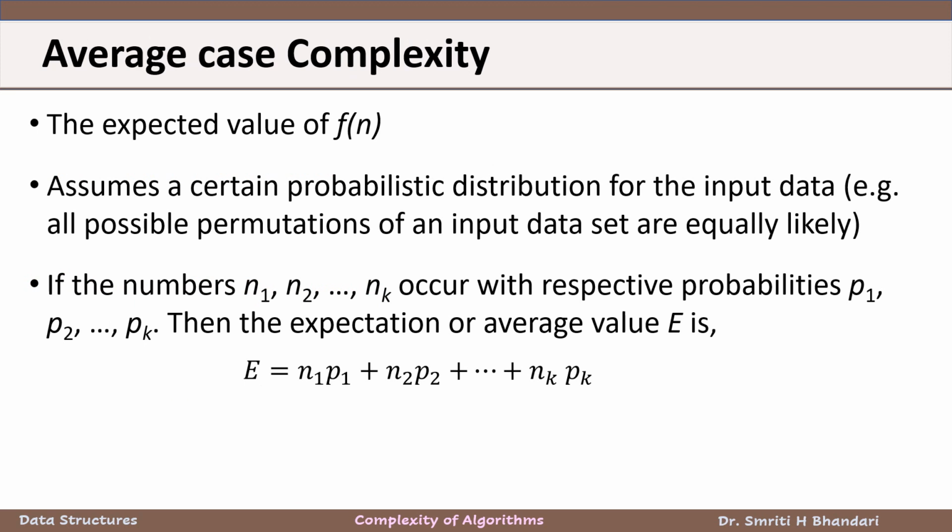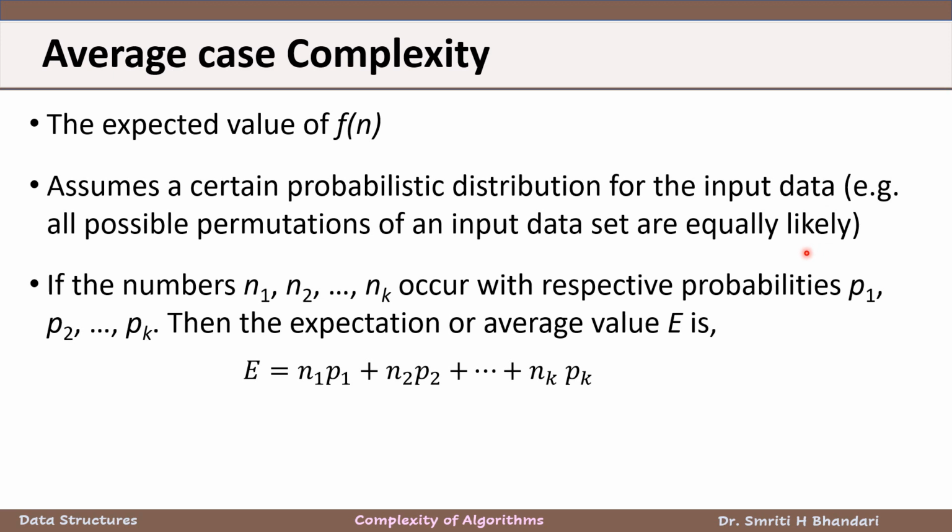So, the most important thing here is how to compute average case complexity of algorithm. As I stated, it is the expected value of f of n. So, this assumes a certain probabilistic distribution for the input data. Say for example, we may assume that all possible permutations of an input data set are equally likely.